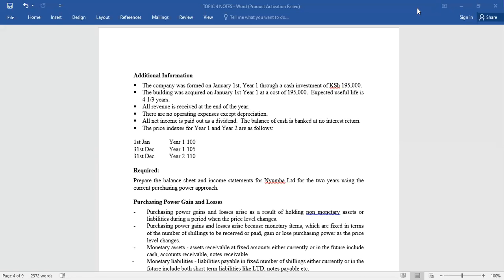So I can just open an Excel sheet. We work from an Excel sheet and see how these prices are being adjusted. So I'll stop sharing this.